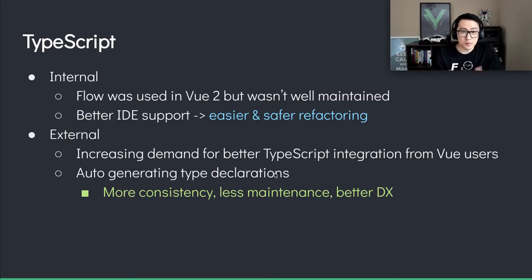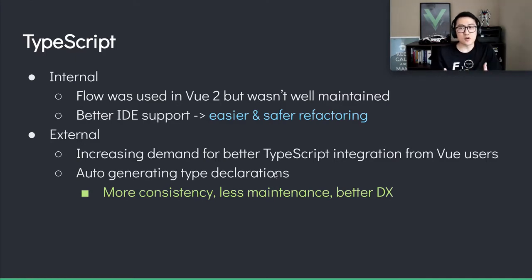As a public open source project, they don't really listen to a lot of feedback. They don't really put the open source users as the first priority. So unfortunately, TypeScript is doing a much better job at that. So we switched to TypeScript. Another reason is much better IDE support in VS Code, which makes large scale refactoring much easier and safer for us.